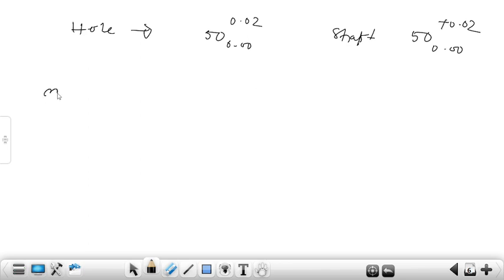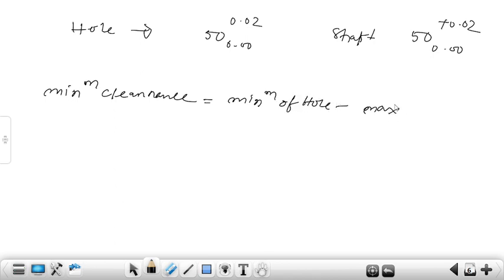So to find the minimum clearance, minimum clearance is minimum of hole minus maximum of shaft.